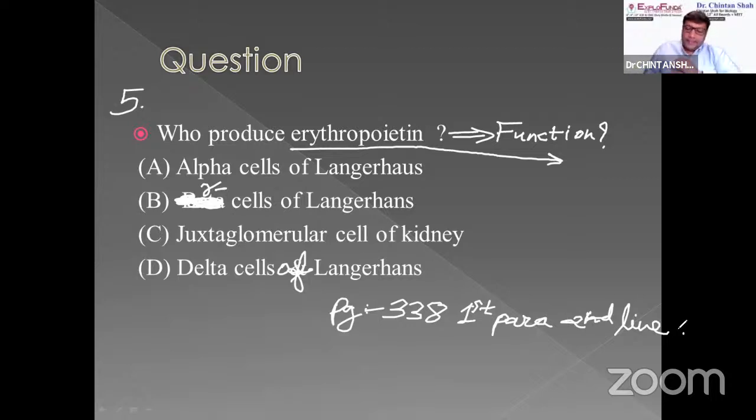Okay, renin. Renin is secreted from juxtaglomerular cells. How can you find out that the juxtaglomerular nephrons are different from the cortical nephron? What is the peculiarity of the juxtaglomerular nephron? How can you identify that this is juxtaglomerular? Please let me know about that.